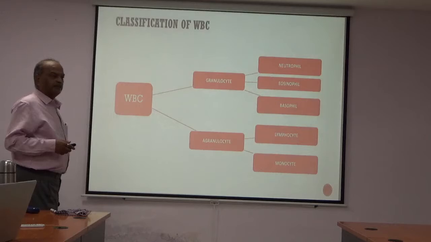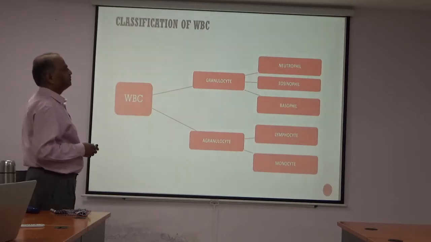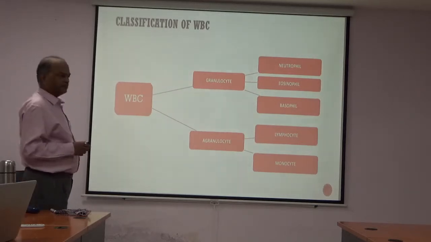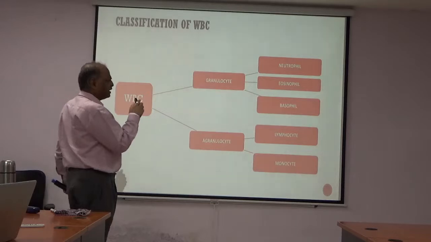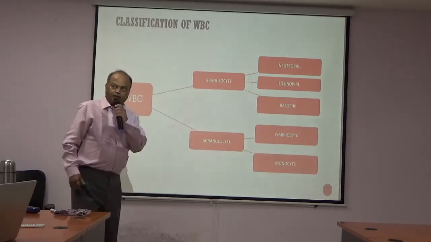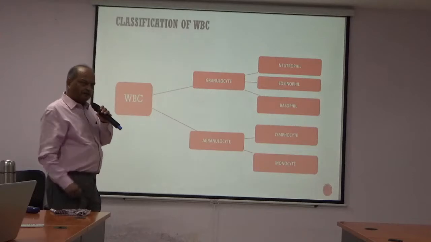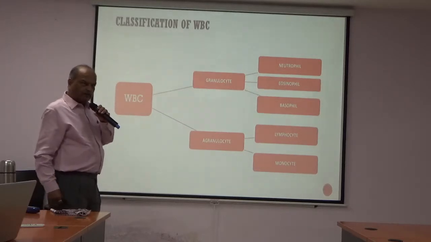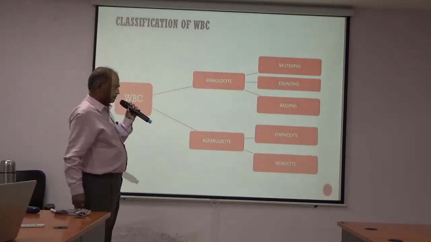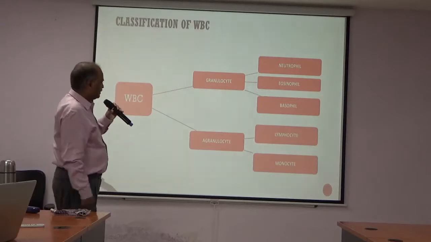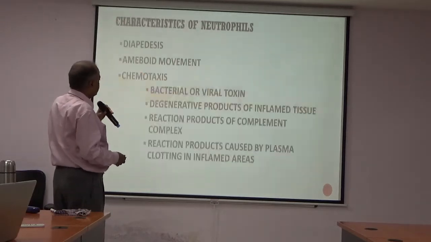So if we see the classification of WBC, what is the basis of classification of WBC? The basis of classification of WBC is the presence of granules in the cytoplasm, and accordingly we divide it into the granulocytes.